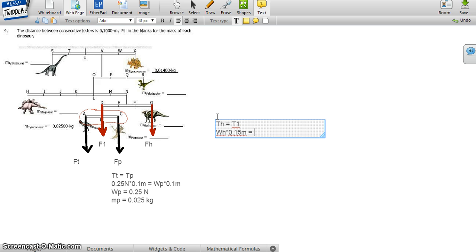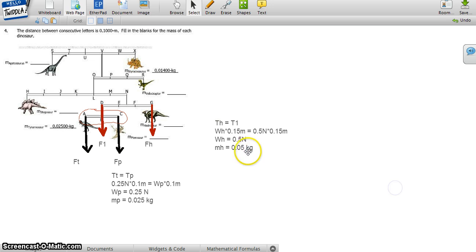So 0.25 plus 0.25 would be 0.5, times 10, which would be 0.5 newtons, times the 0.15 meters. That means that the weight of the hadrosaur must also be 0.5 newtons, which means the mass of the hadrosaur must be equal to 0.05 kilograms. So we've got that one figured out.